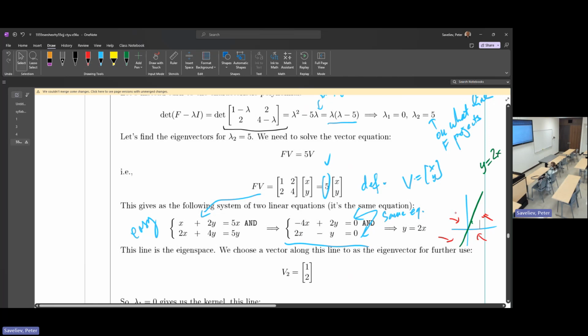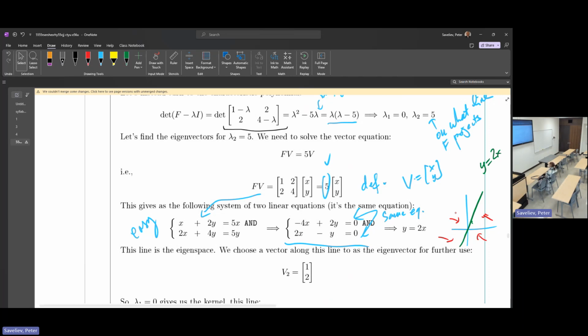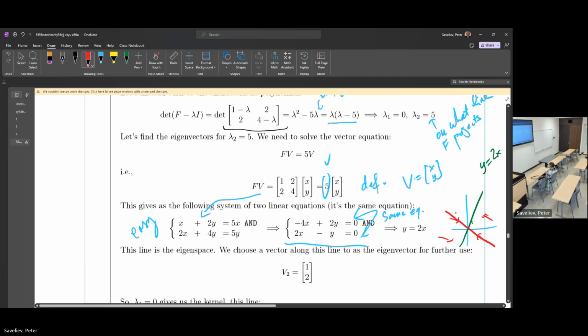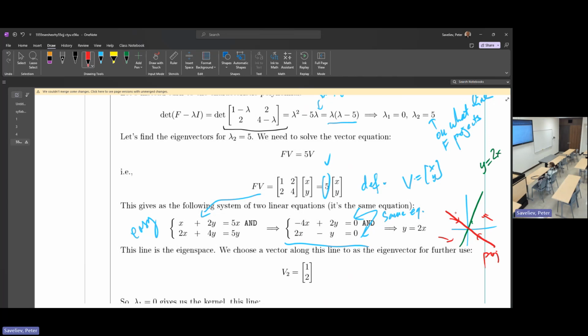So then you can guess the line along which the projection is happening. You want to guess what it is? The line of projection. What is that line? The red line and the green line.